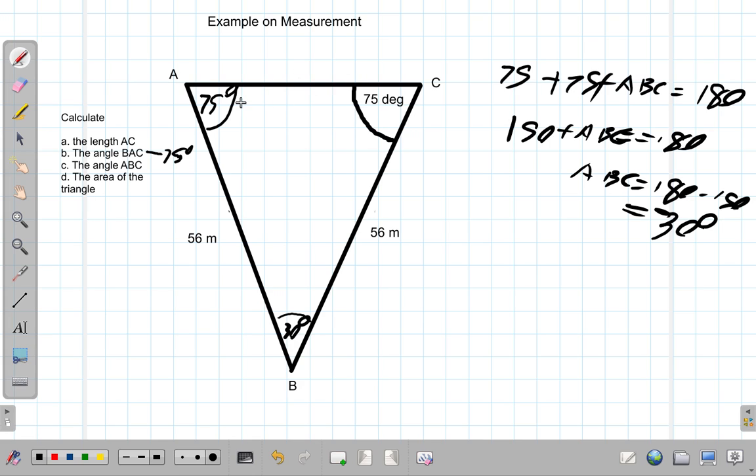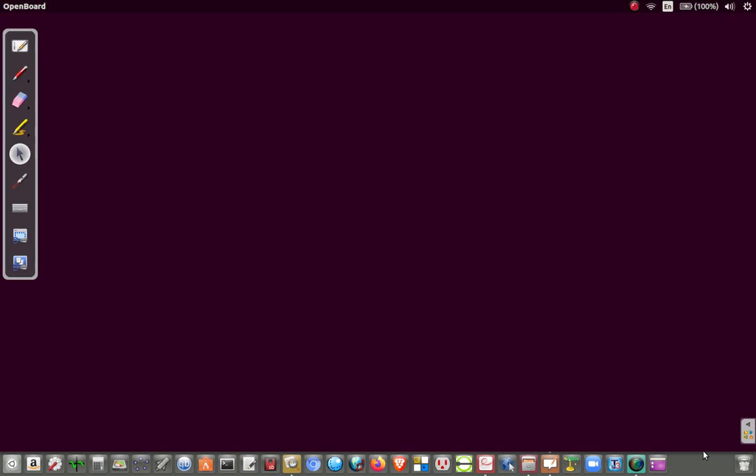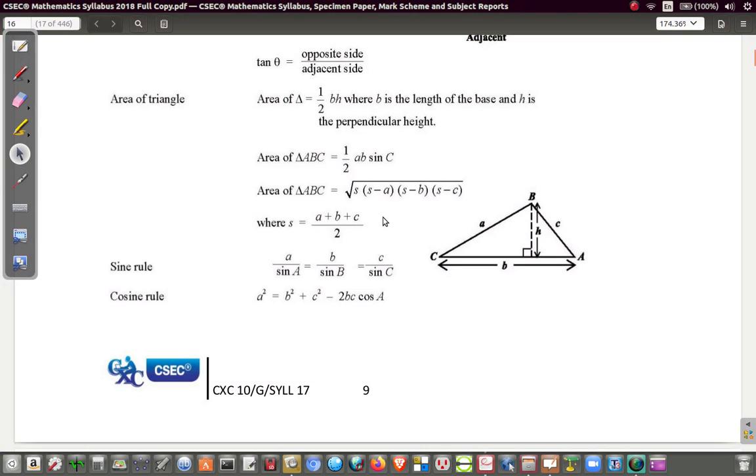We could use a sine rule to calculate it. Let me see what the sine rule says. The sine and cosine rule can be used on any triangle at all. Here we have the sine rule in the CSEC mathematics formula sheet.